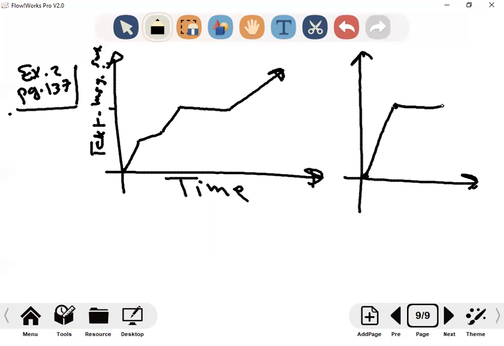Then the plane's altitude fluctuates slightly due to turbulence. Which means, yes. Good. Finally, the altitude decreases quickly as the plane lands in the air.